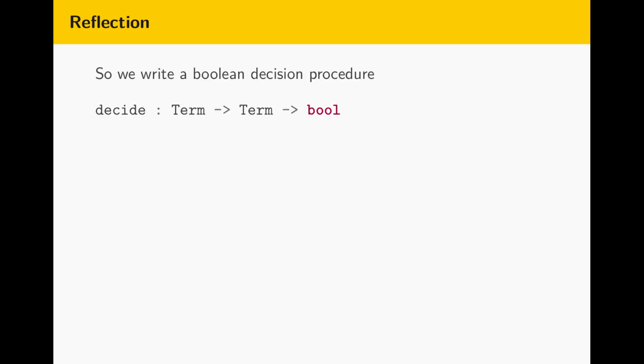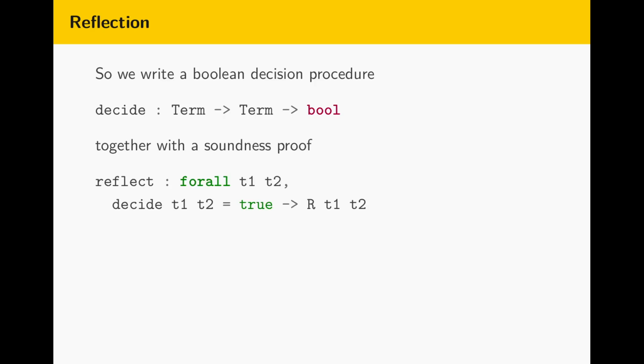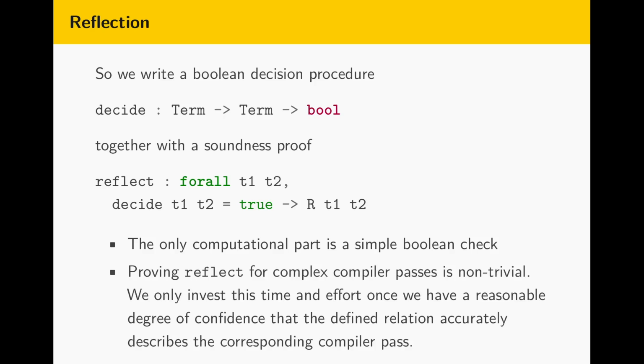So instead, we can also write a proof by reflection, where we define a simple recursive Boolean decision procedure, and then separately we define a soundness proof, which states that whenever the decision procedure returns true, there exists a derivation tree in the relation. And the nice thing is that the only computational part here is a simple Boolean check, a run of the decision procedure.